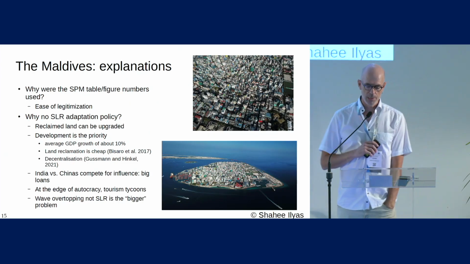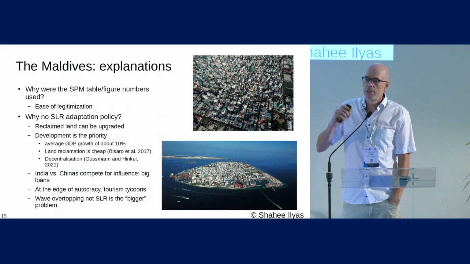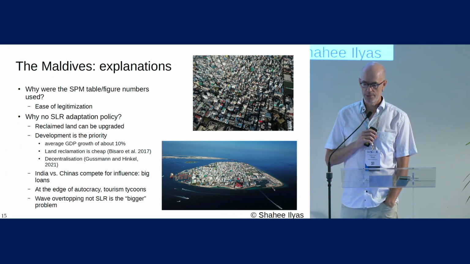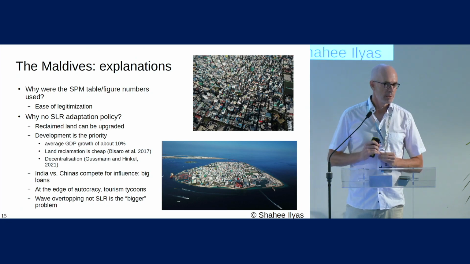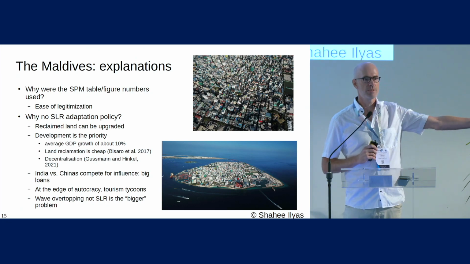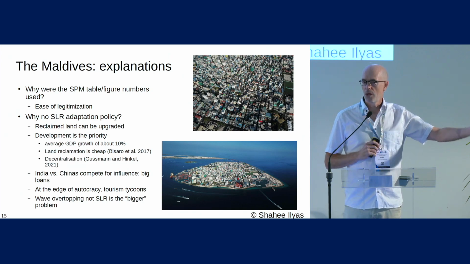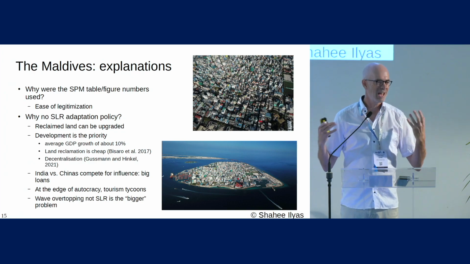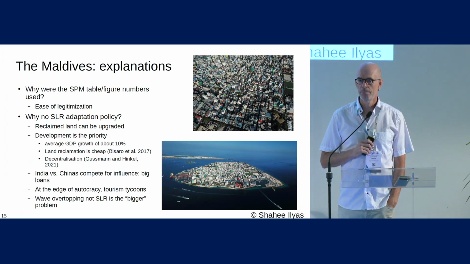A couple of explanations. So why was the number directly taken from the table of the SPM, the 0.6 meter? Well, it's easy to legitimize. If you can say, look, this is the number of the IPCC, then you have a good legitimization which prevents you from being attacked by your political opponents.